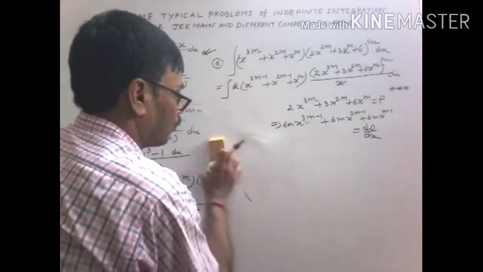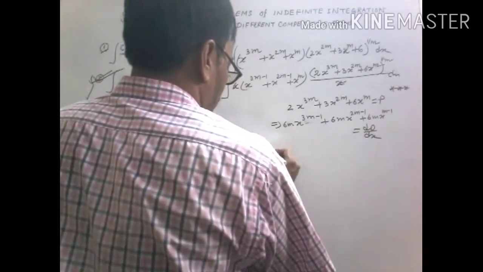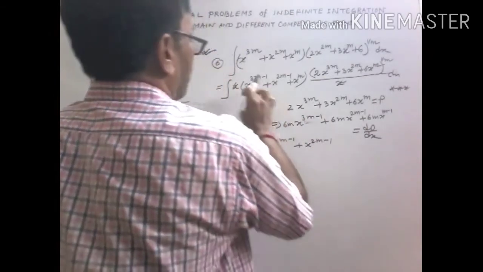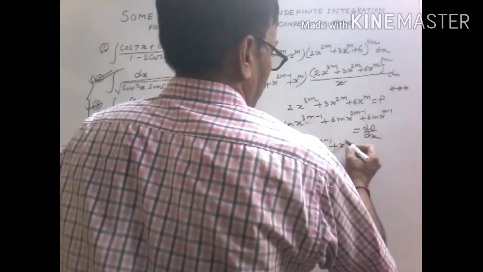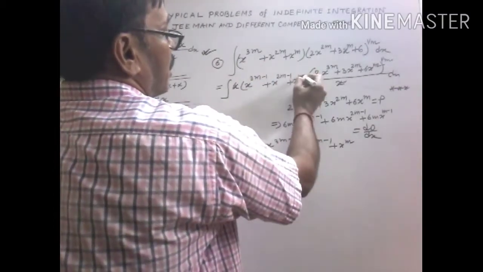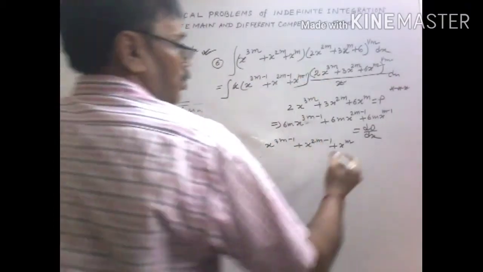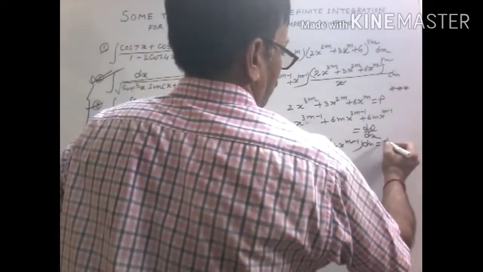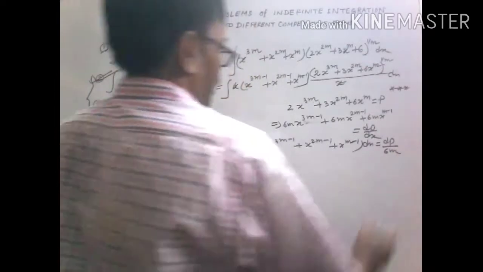So what are we getting? x to the power 3m minus 1, x to the power 2m minus 1. In this part we are taking x common, so obviously it is m minus 1. So x to the power m minus 1 into dx equals dp by 6m.